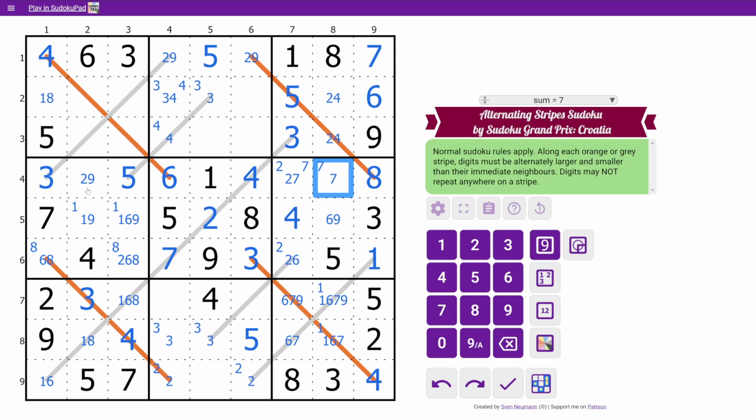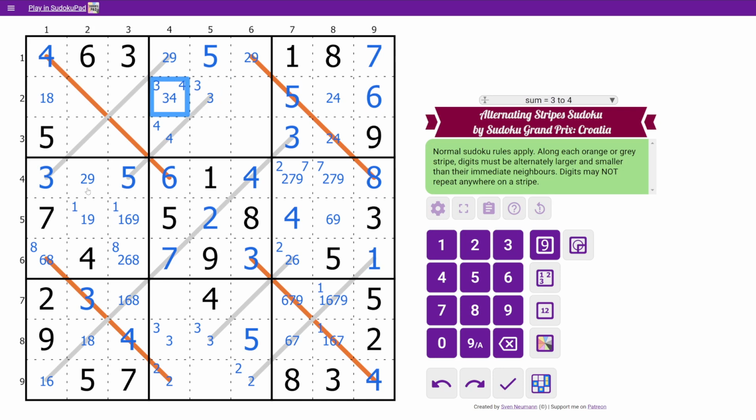What else goes here? This is just 2, 7, or 9, right? 2, 7, or 9. I mean, in a lot of the cages I've marked every single square possibility, which is a bit chaotic.